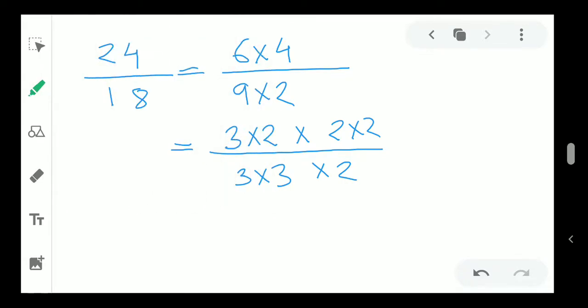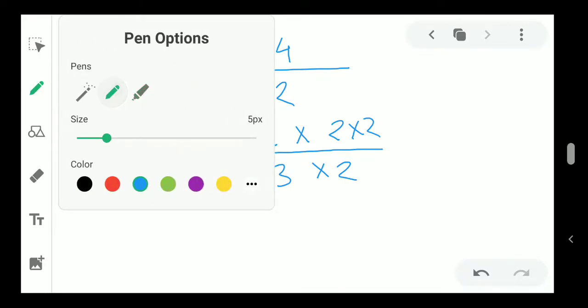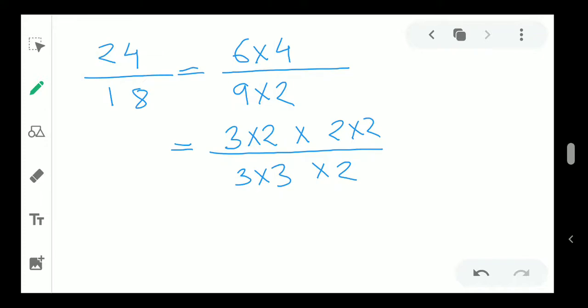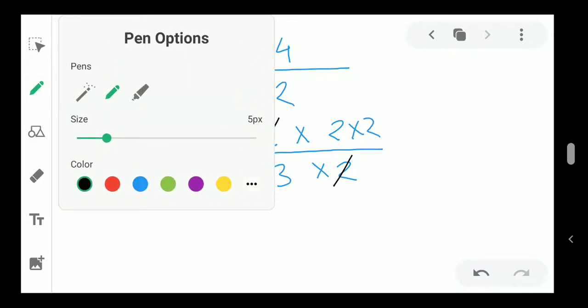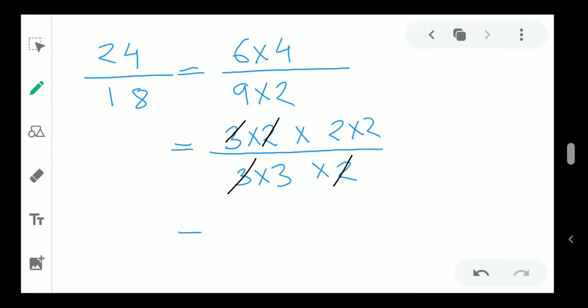And then we will just cut this thing. So 2 up and 2 down, gone. 3 up and 3 down, gone. So what is left behind? Upside we have 2 multiplied by 2, downside we have 3. So that means it will come 4 by 3.